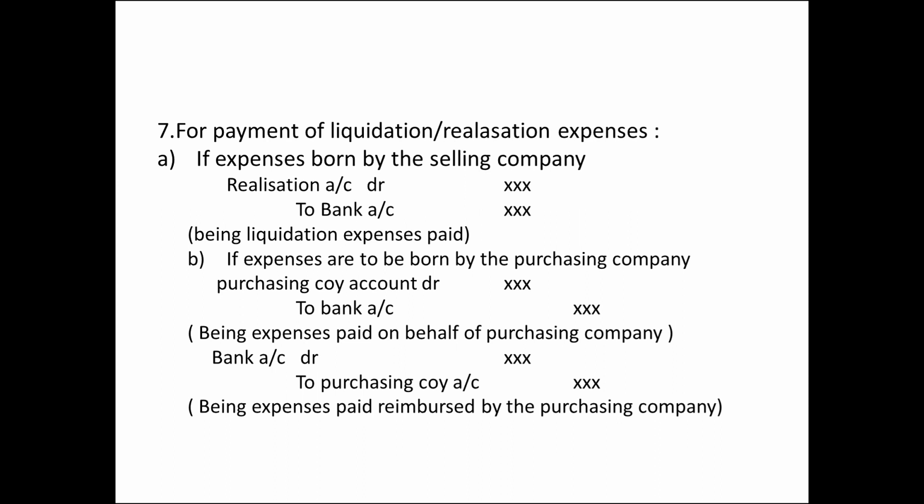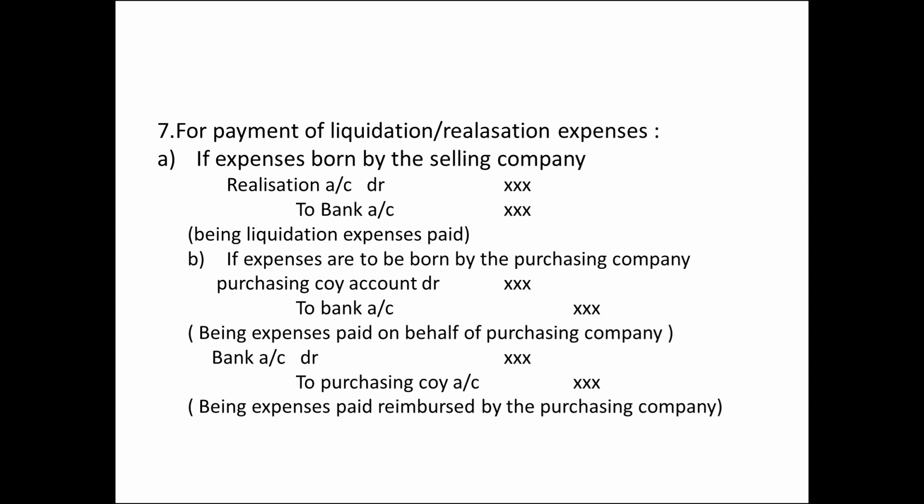The next entry to be posted in the books of the vendor company is for meeting the liquidation expenses, right? For carrying out the liquidation, there will be some expenses. These expenses are to be borne either by the selling company or by the purchasing company, right? Here, if the expenses are borne by the selling company, then the entry you have to post is realization account debit to bank account.